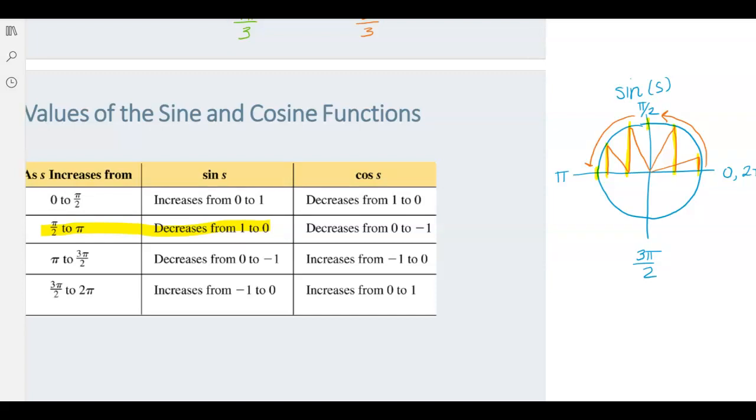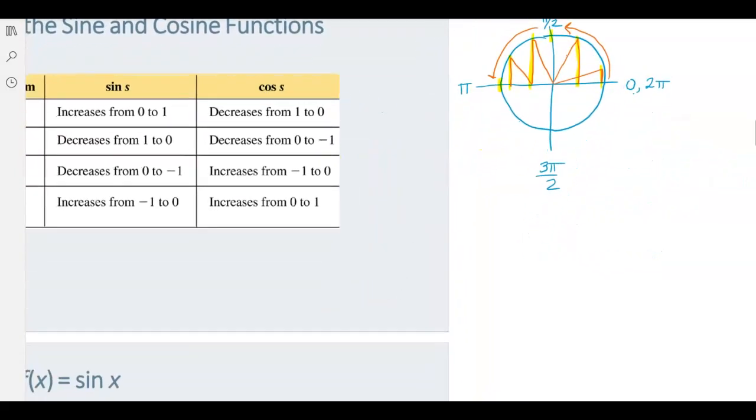These values are going to be going in the opposite direction when I look at the cosine, because cosine is the x-coordinate. So for cosine, when I'm going between, say, 0 and pi over 2, the cosine value is going from 1 at its maximum down to 0 at its minimum.